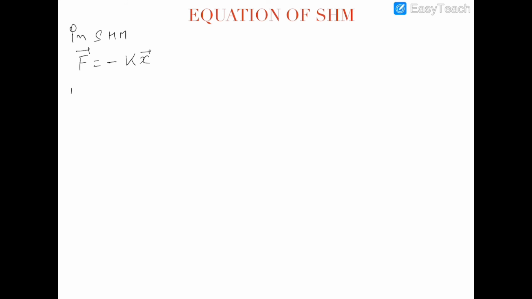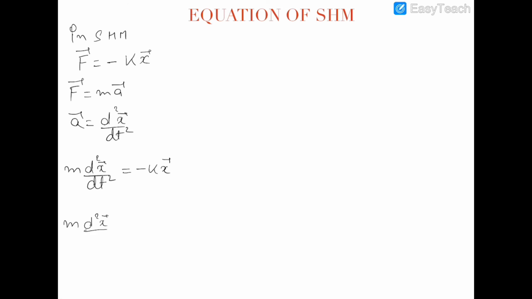Now we know that force F is equal to ma, and a is equal to d square x by dt square. So m d square x by dt square is equal to minus kx, and m d square x by dt square plus kx is equal to 0.